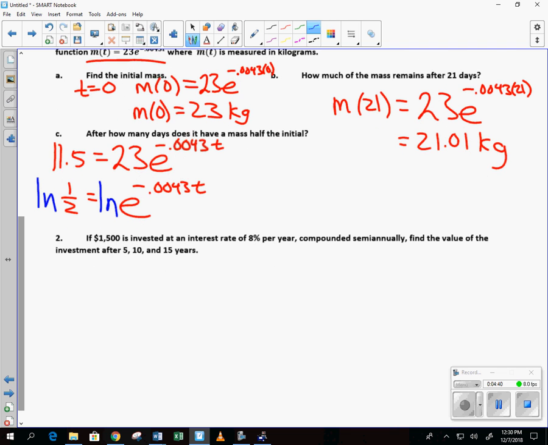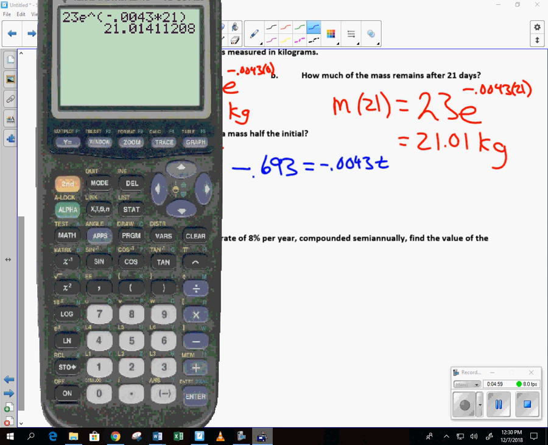Natural log of 1/2, I happen to have memorized that over the course of the past couple hours, which I taught. Comes out to be negative 0.693 is equal to, and here the natural log and E cancel, leaving me with negative 0.0043 T. Negative 0.693 divided by negative 0.0043.